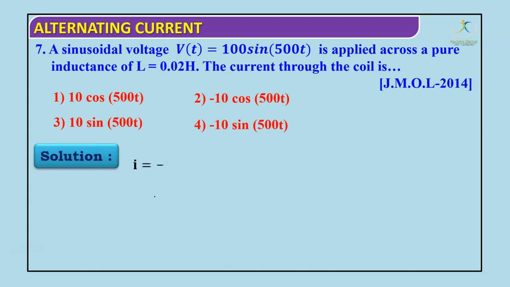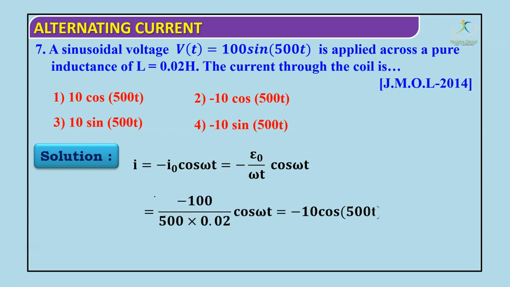Solution of this question is, we know that I is equal to minus I naught cos omega t, or we can say minus E naught by omega L cos omega t. So if I put all these values together, we get minus 10 cos 500t. So the correct answer for this question is option 2.